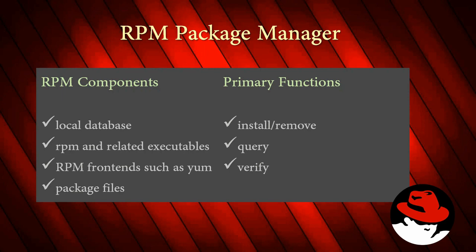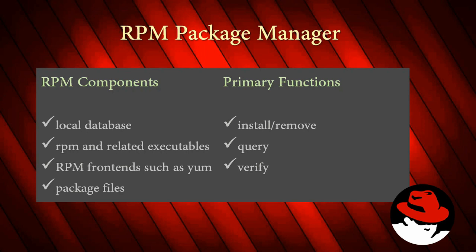The RPM system consists of the local database, the RPM and related executables, and RPM front ends such as yum, a command which can be used to install or remove a utility or software via command line mode. It allows you to package various files.